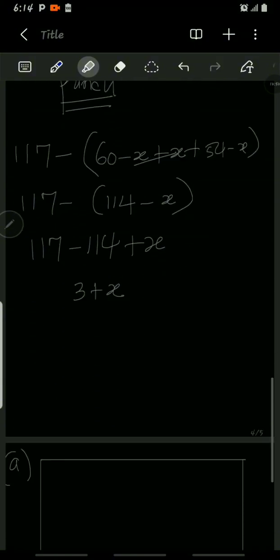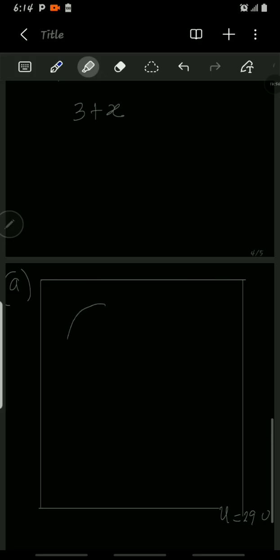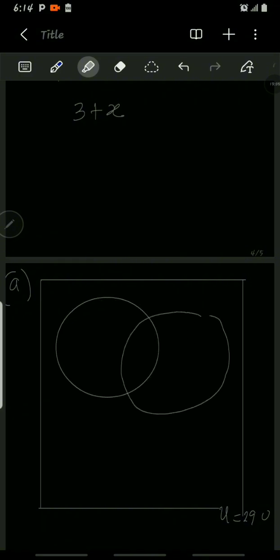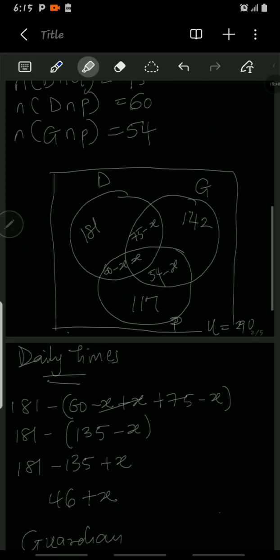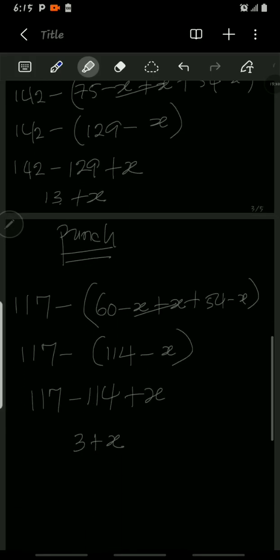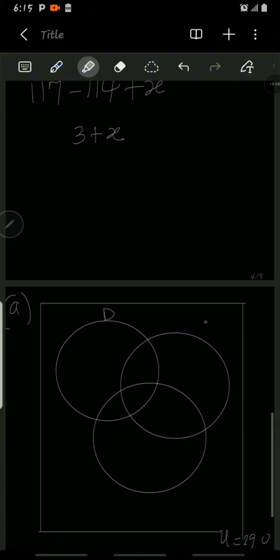I'm going to have those 3 circles, where the first one is D, that means the first circle will be D, G, and P.